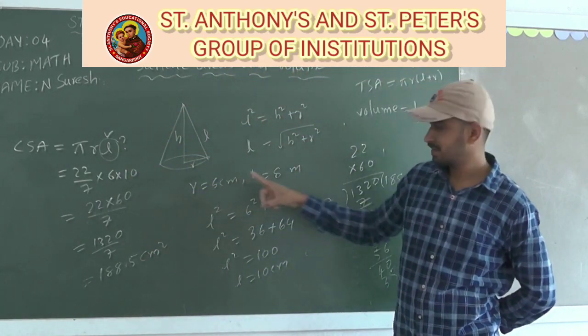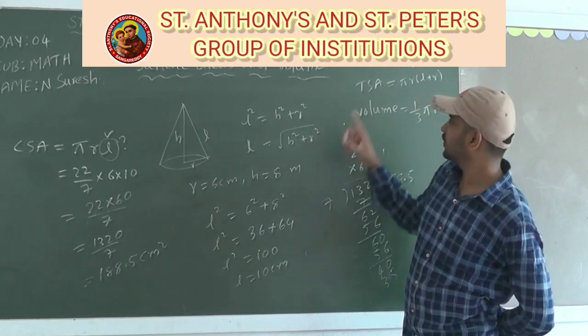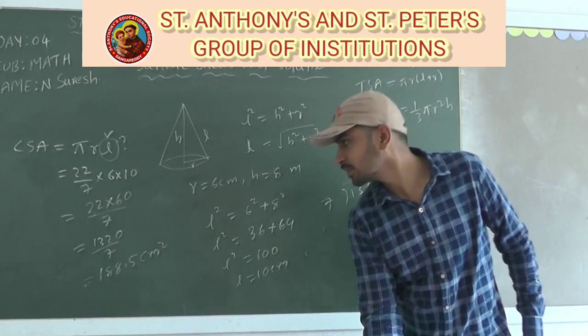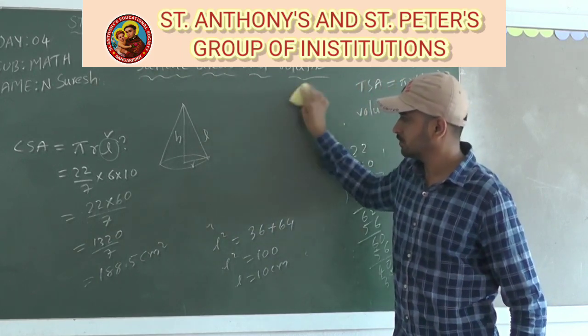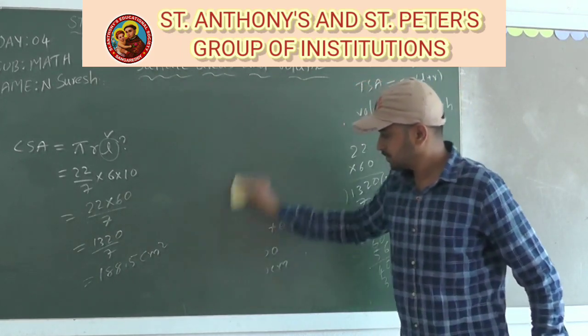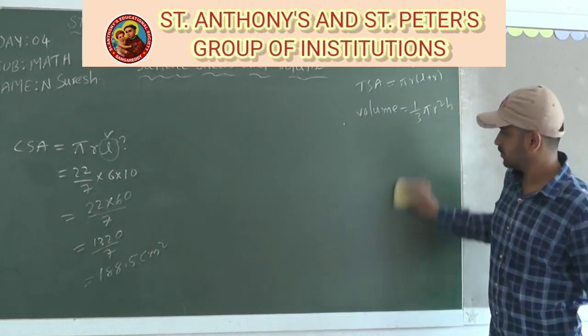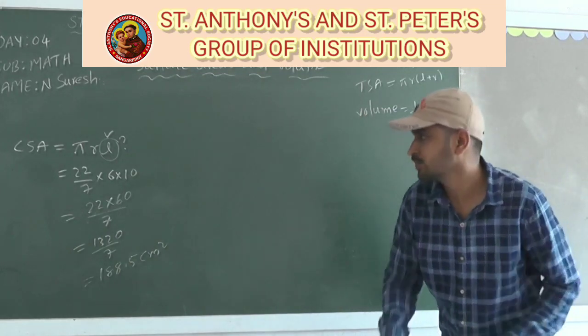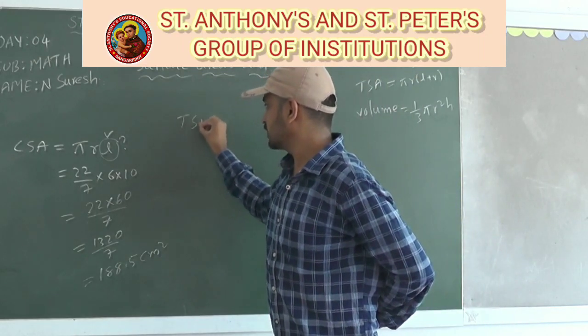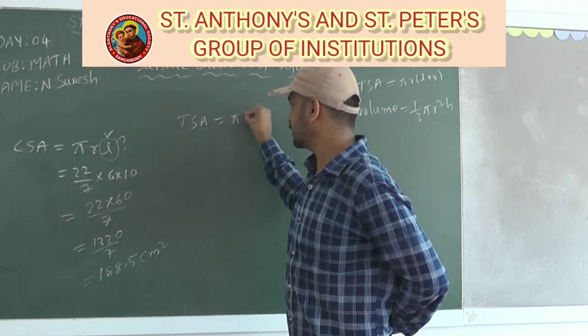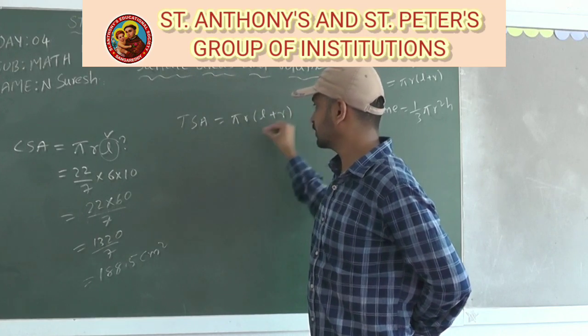Radius is 6 centimeters, height is 8 centimeters. Now we have to find the TSA. So we know the formula for TSA, that is TSA equals pi r of L plus r.